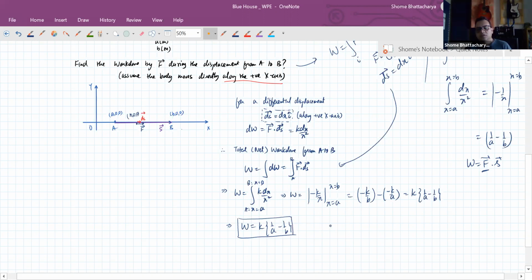The other thing you can see here is that k was in Newton meter square, and A and B were in meters. Therefore, the work done here will be in Newton meters, or what we call joules.